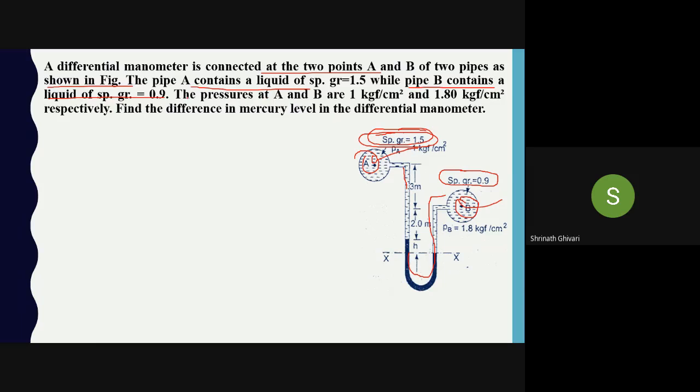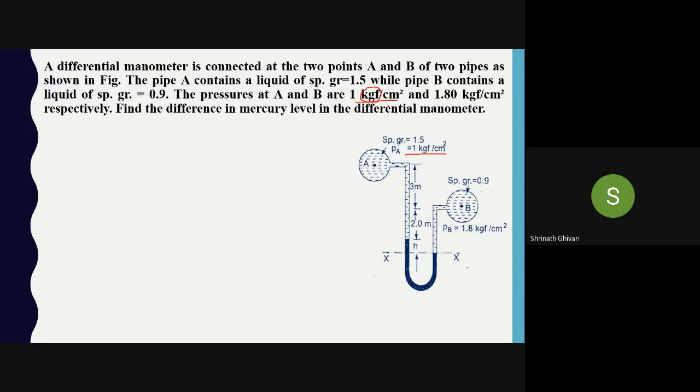Then what are the pressures at A and B? Pressure at A is 1 kgf per centimeter square. This kgf is not Kolar gold filled.